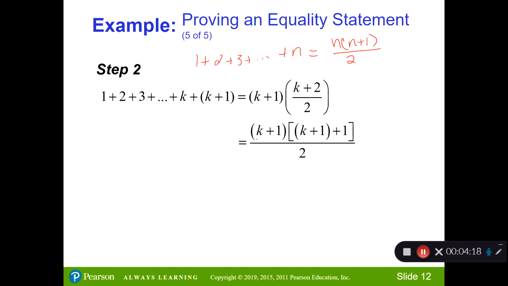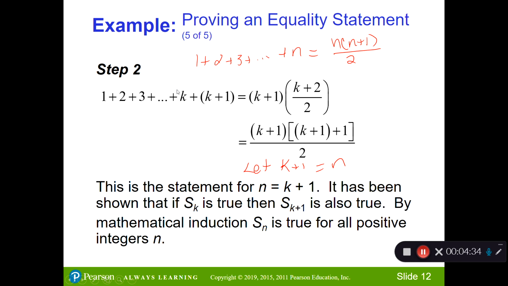This is that form where I'm letting k plus 1 equal n. So we've shown this is the n times n plus 1 over 2 equal to the sum of the first n terms. That's what we needed. So if the statement is true for the kth term, it's also true for the k plus first term. Since I established it for 1, that means it's true for 2 and 3 and 4 and every term up. So it's true for all positive integers n.